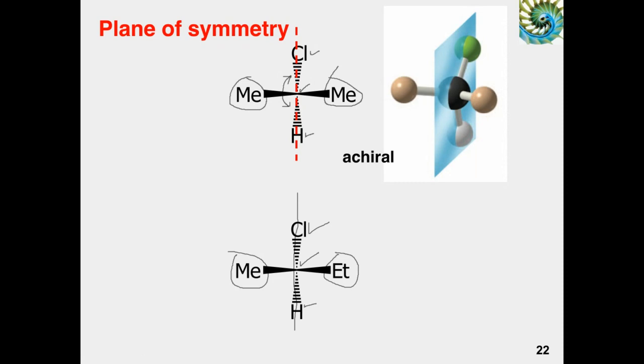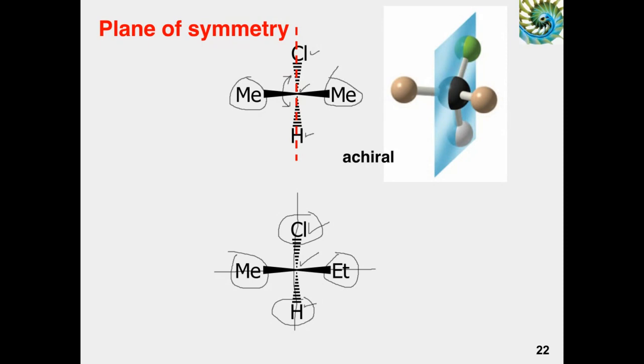The same thing applies if we draw a plane over here. This plane divides the molecule so that the top half is different from the bottom, so there is no plane of symmetry here whatsoever.